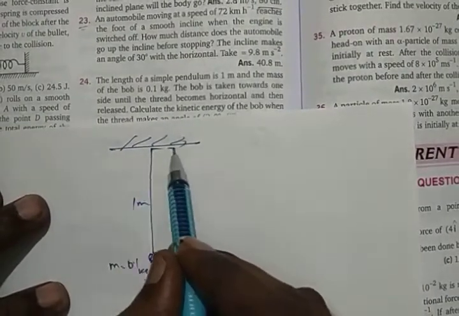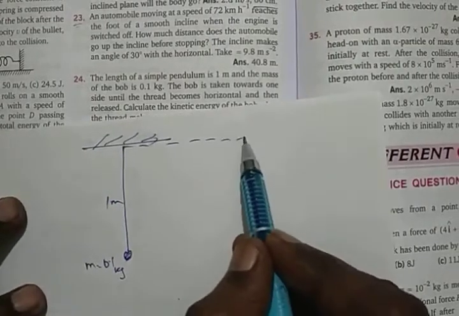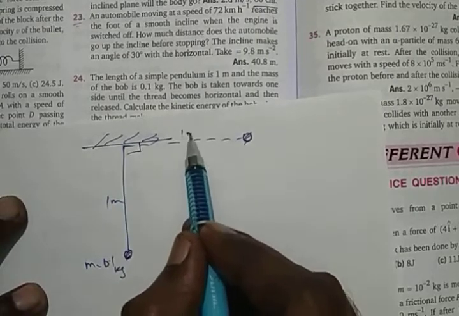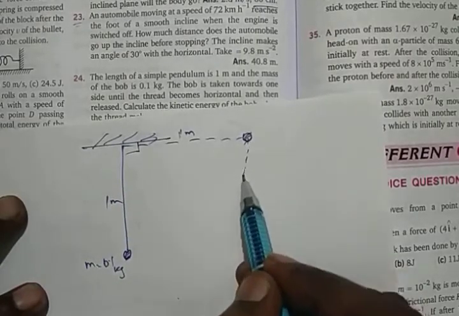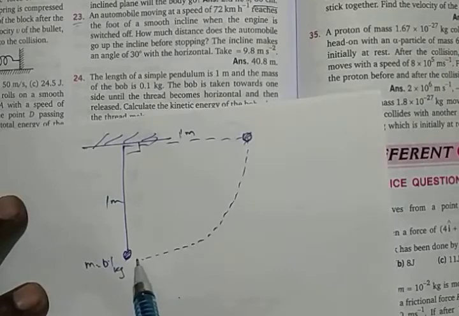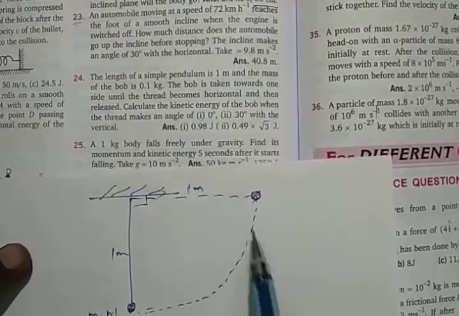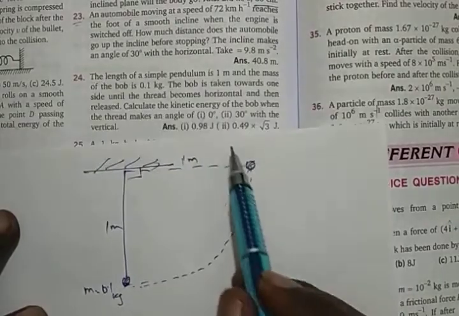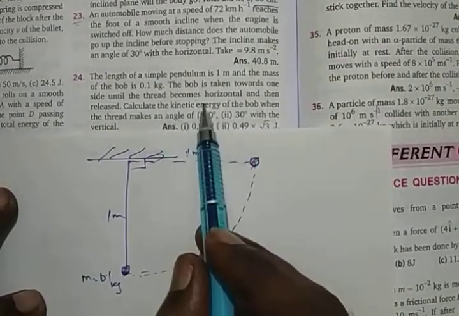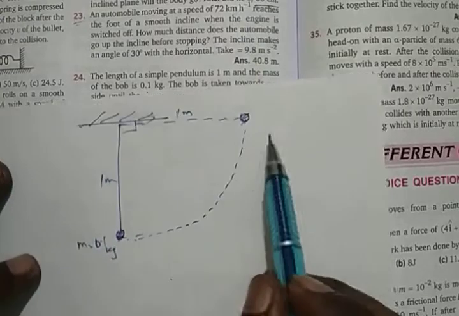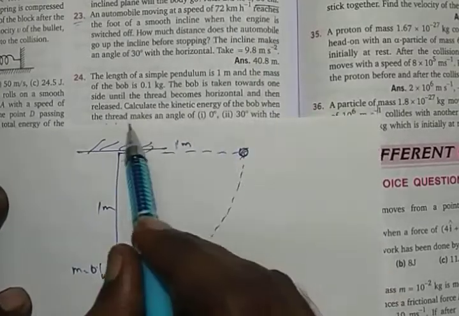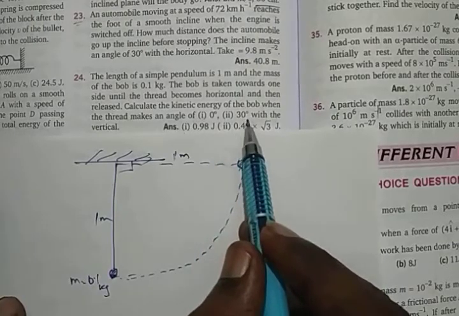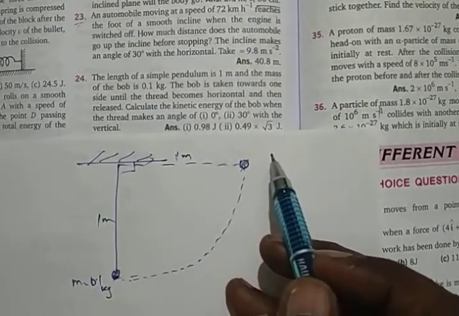So that means the bob comes like this. So when you leave it, it will take this path and then come to this place. Then calculate the kinetic energy when the thread is at an angle of 0 degrees and 30 degrees with the vertical, right?